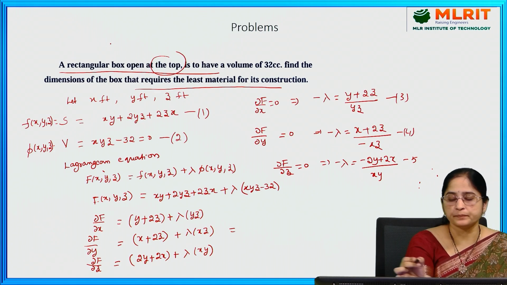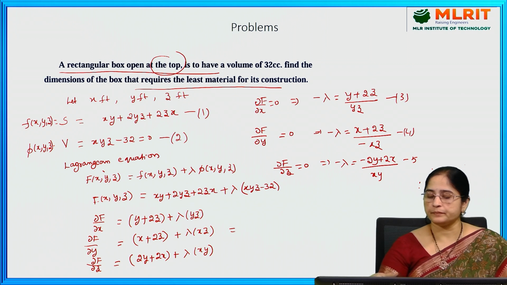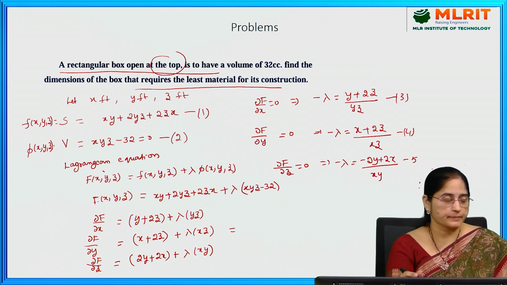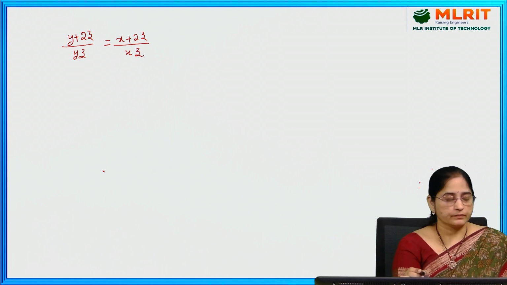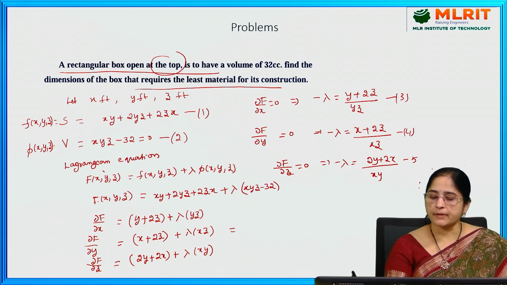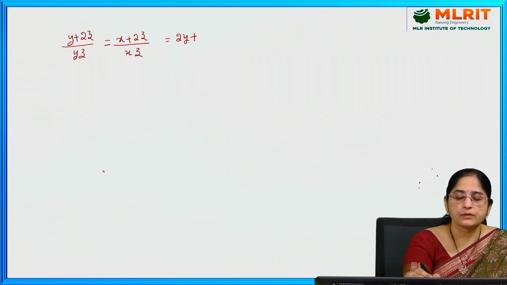So y plus 2z by yz equals x plus 2z by xz, and equals 2y plus 2x by xy.